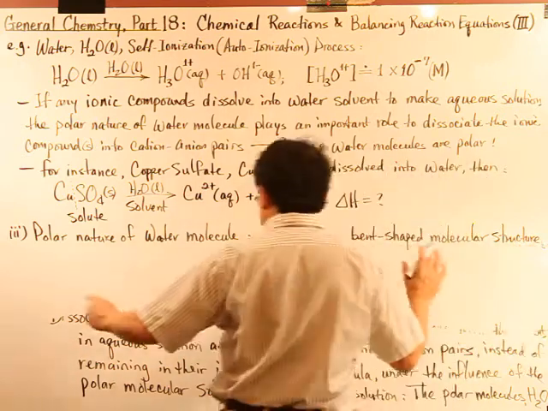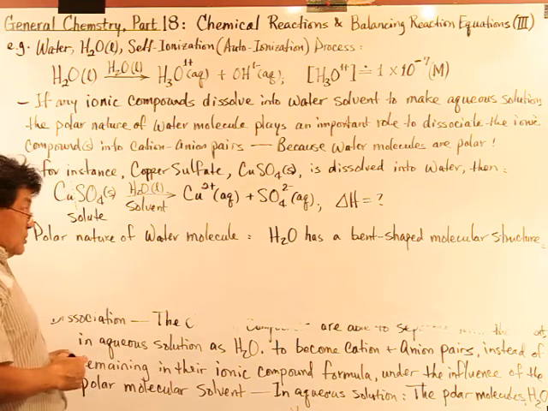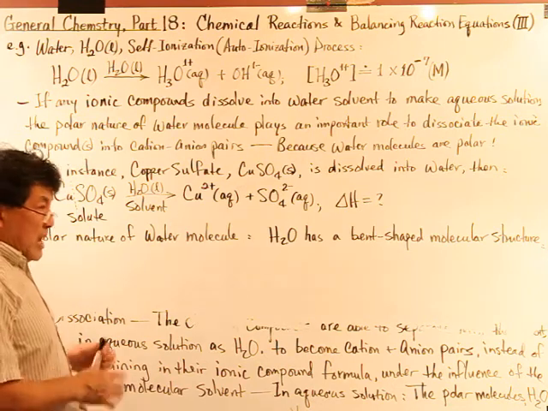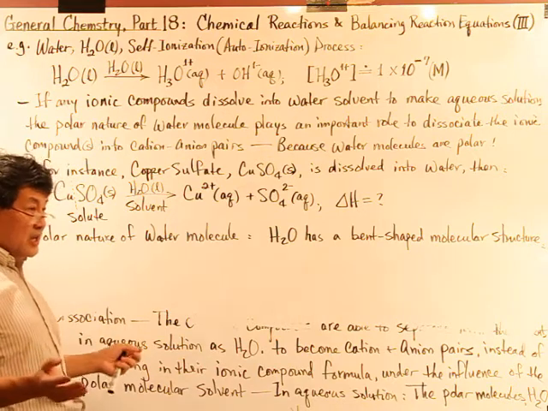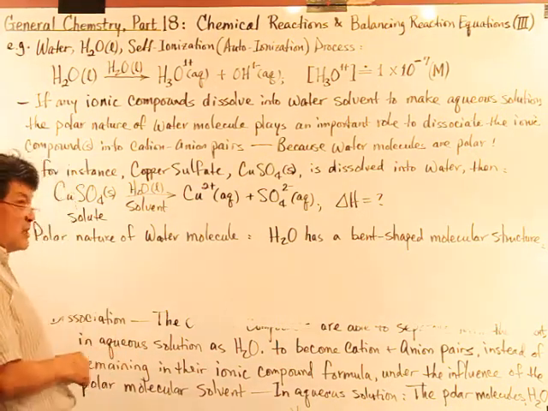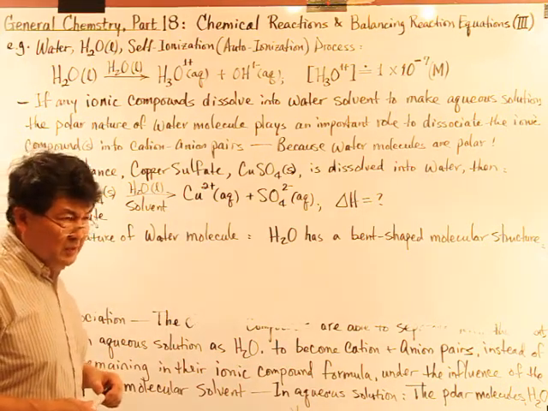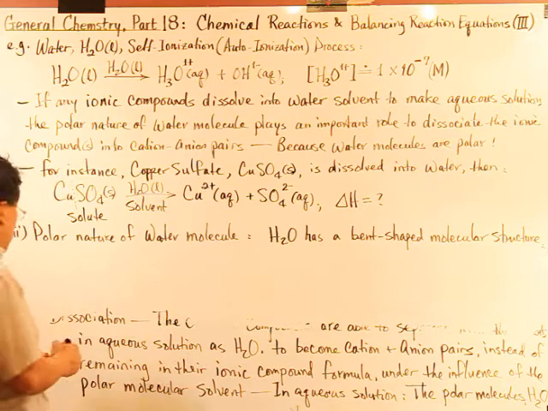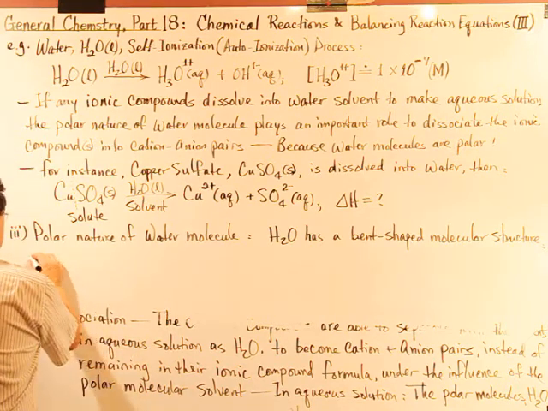We need to draw a picture, but everyone knows sometimes you say water H2O, but actually it's one oxygen in the middle and two hydrogens on either side, each connected to the oxygen by a single bond. Now, what kind of polarity does the single bond between H and O have? We need to find out.